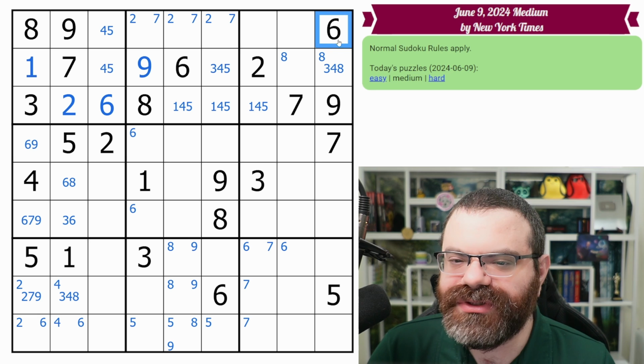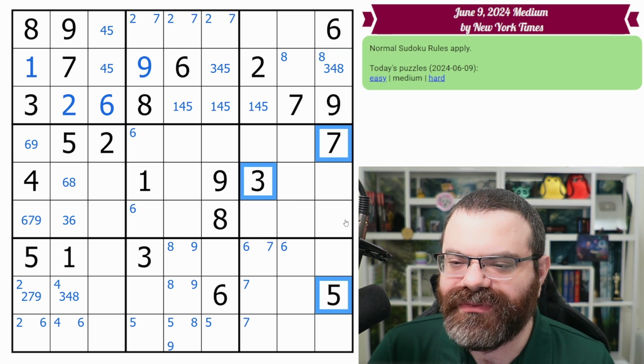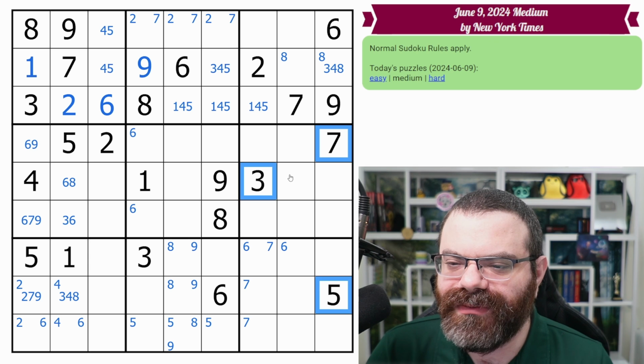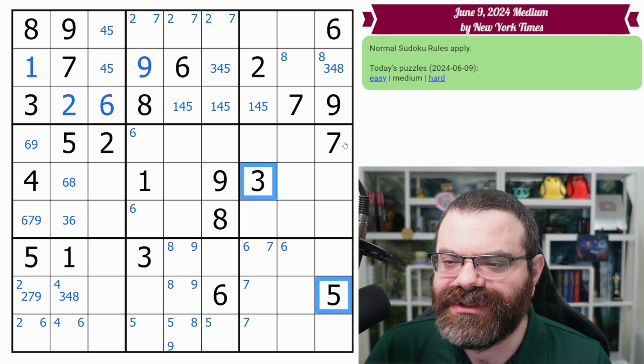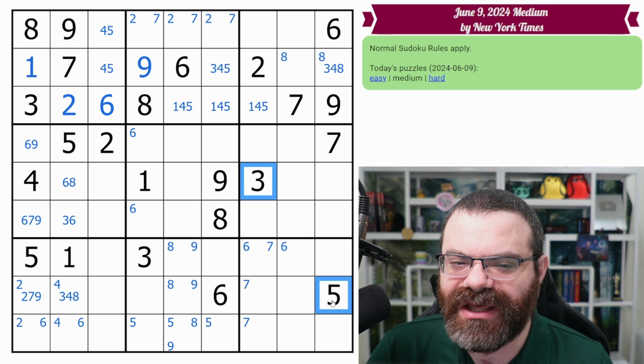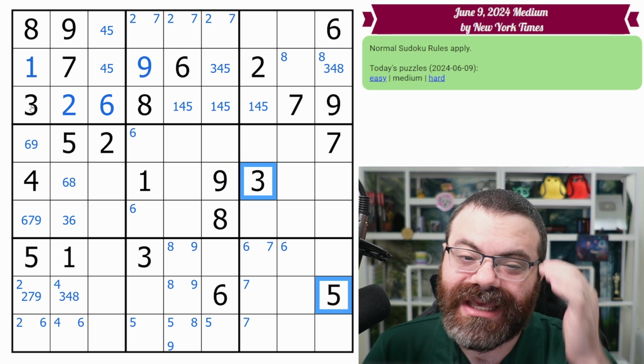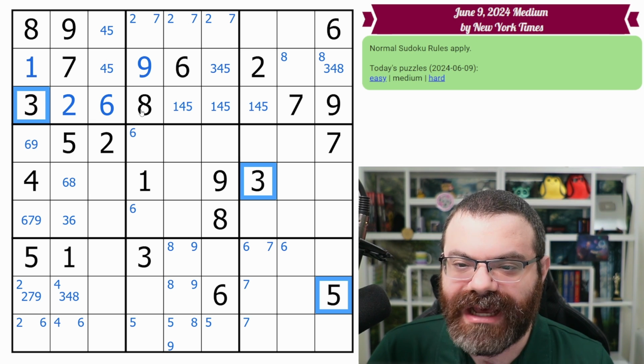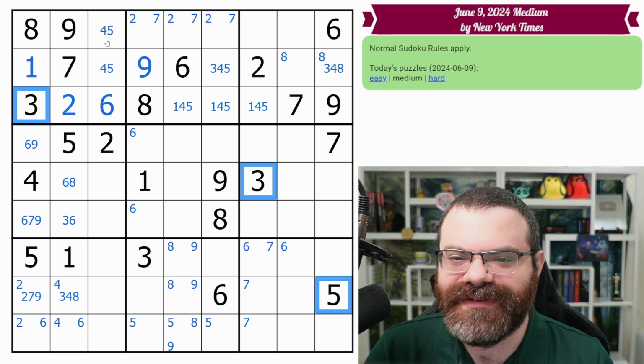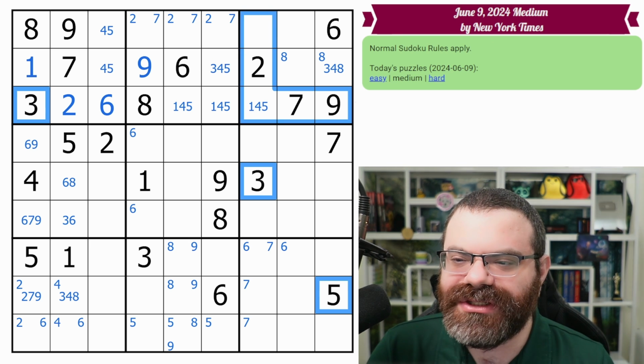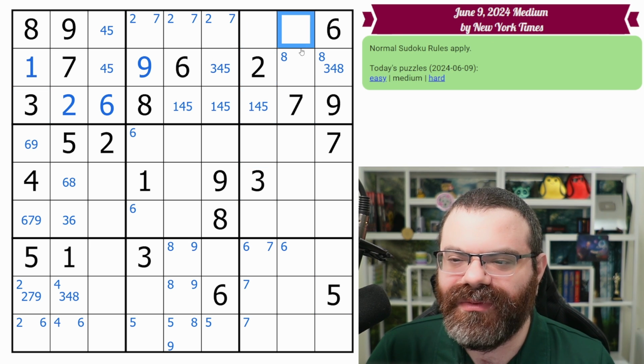So what I want to do is focus on things like this. Basically, what I want to focus on is we only have 3 digits down here. So how do those 3 digits affect the box? Well, 7's already placed. So we just want to think about 3s and 5s. We want to think about 3s and 5s over here as well. The only thing I'm seeing is we have this 3 here. We don't have any other 5s that are of note. No 5s placed. And you can just see how these 3s don't quite affect this box in a way that's useful.